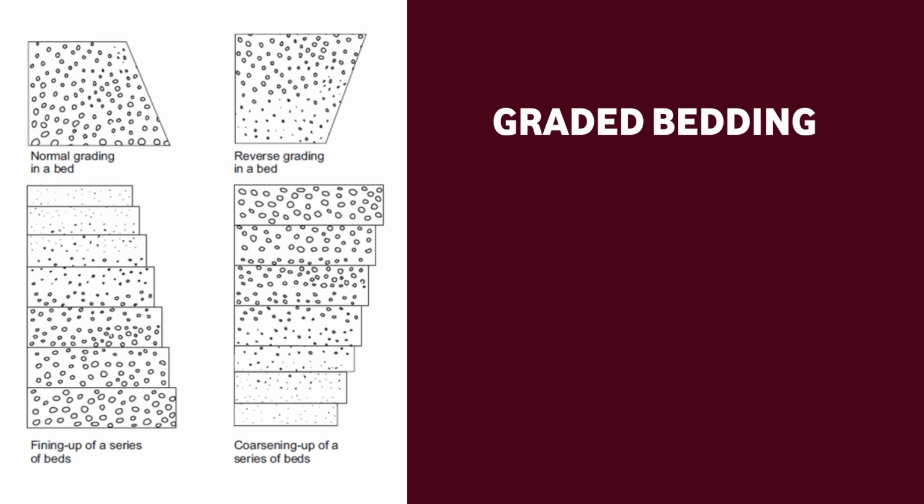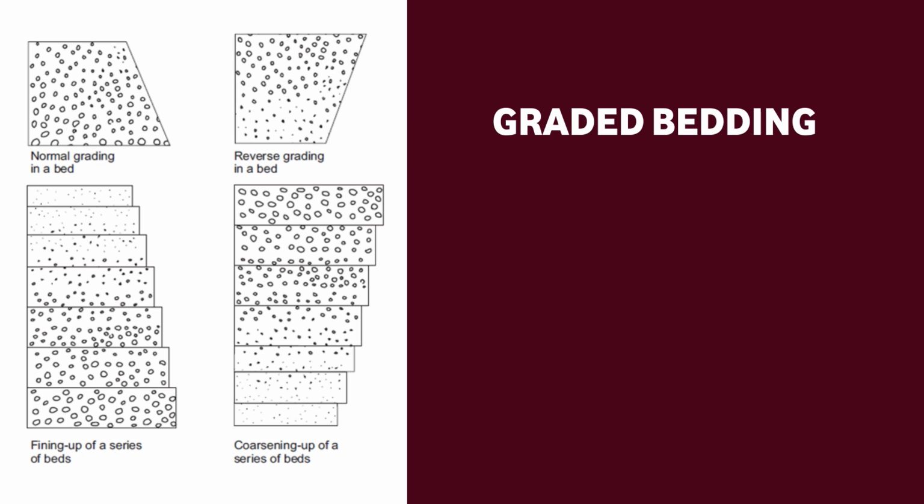So they form a grade, from coarse to fine. You call it normal grade. That means a coarser grade at the bottom, and the finer one above. So this is called a fining upward cycle.